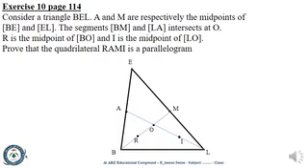The second thing is, if you connect AL and BM, they will meet at O. Plus, R is the midpoint of BO and I is the midpoint of OL. I will add the codes in a moment, and we will prove that the quadrilateral RAMI is a parallelogram.